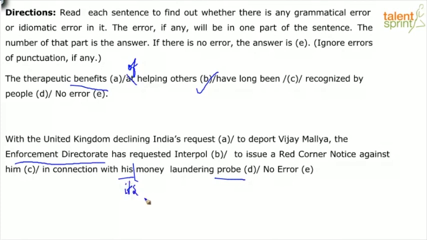Yeah, this is something that you will miss out on if you are not following every part carefully. Right? It seems right. When you read it, it seems okay. But you can miss out on this. Who's doing the probe? The Enforcement Directorate is doing the probe and not Vijay Mallya. Correct? So you just change the pronoun.